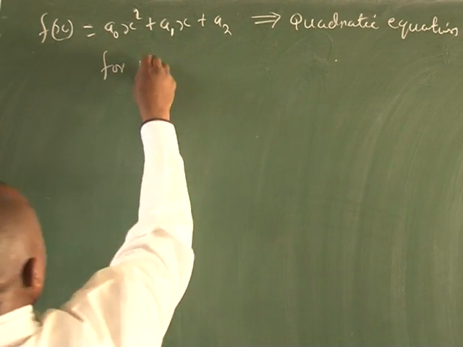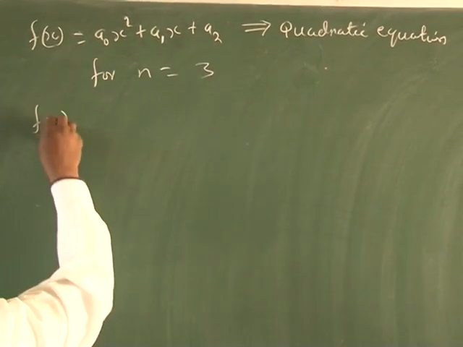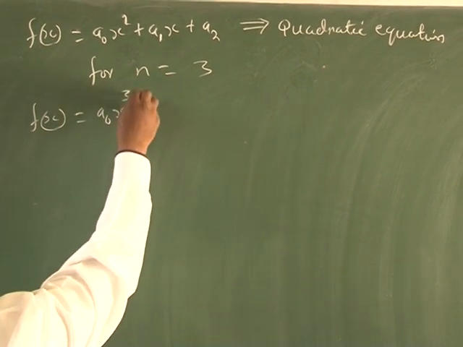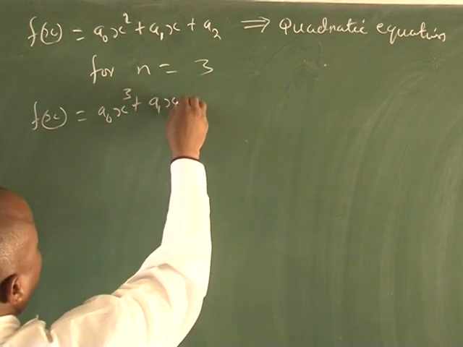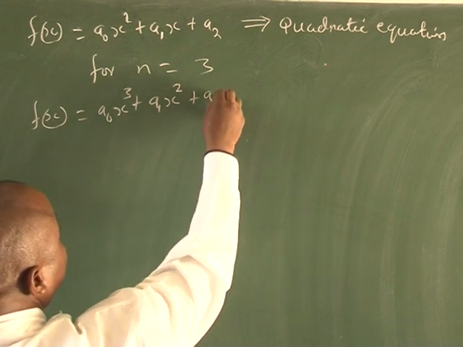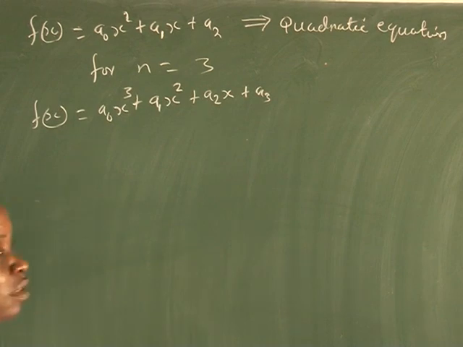Alright, so for n equals 3, we have f of x equals a subscript 0 x raised to 3 plus a subscript 1 x raised to 2 plus a subscript 2 x plus a subscript 3.